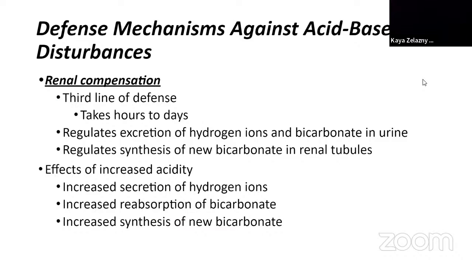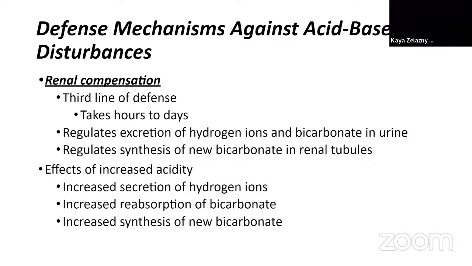That brings us to the renal compensation, which is long-term. So it can take hours, it could even take days. We're going to be regulating how much hydrogen we're excreting. So ultimately, we're going to secrete them from the cells into the filtrate, into that tubular fluid. They're going to get excreted as urine.